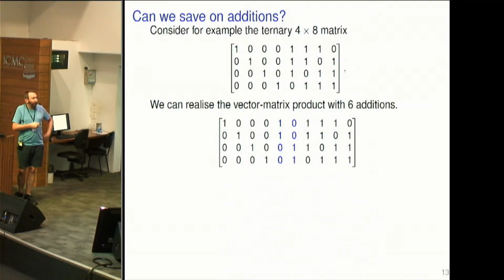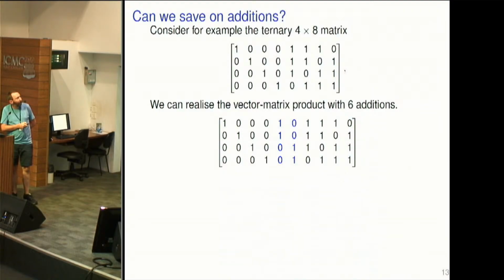The idea is basically to throw in extra columns if necessary, so that what you end up with is a matrix where every column is a sum or a difference of 2 previous columns. So I've added these 2 guys in blue, and now if we check, we can see that all of these things are just additions or subtractions of the previous guys.